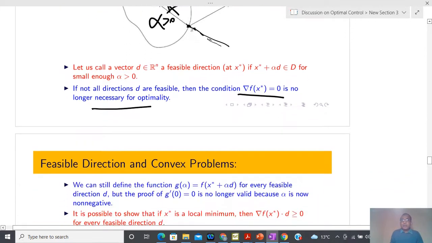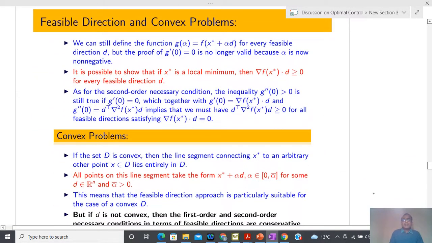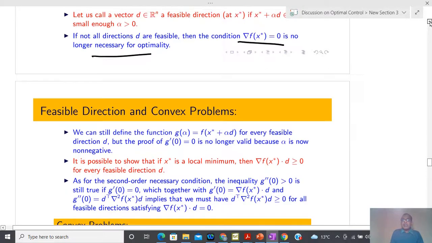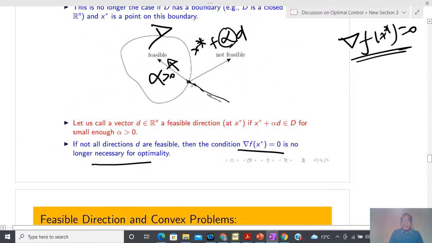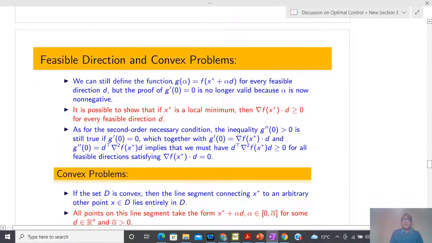Now suppose I cannot move in this direction, but at least I can move in this direction. If I move in this direction, you can see that I can still write g alpha like this. There is no problem, but I have to assume that alpha is only greater than 0. Alpha greater than 0, I have assumed, is the feasible direction. The opposite direction I cannot move alpha, so I cannot establish this thing, as I have already told you.